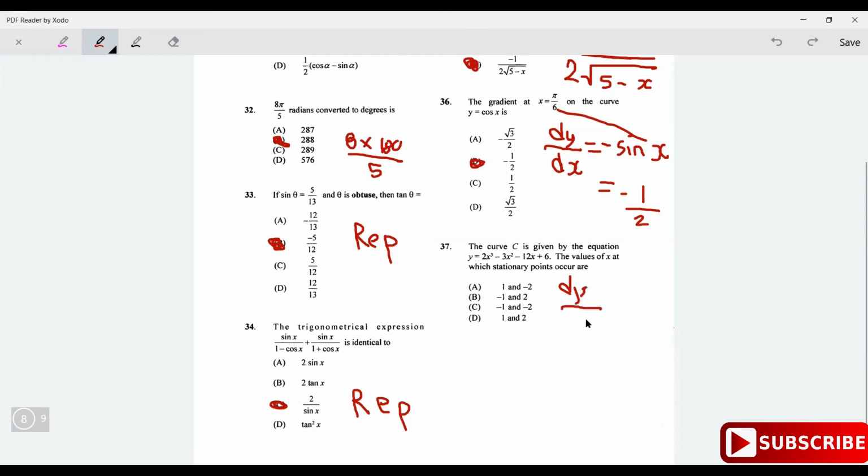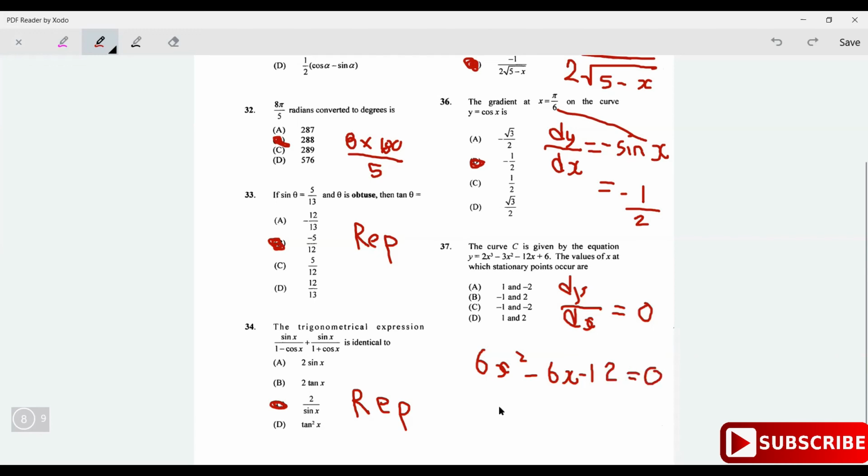That's how we find stationary points. So what are we going to do? We differentiate 2x cubed to get 6x squared, minus 3x squared to get minus 6x, and minus 12x to get minus 12. And this is, of course, equal to 0.